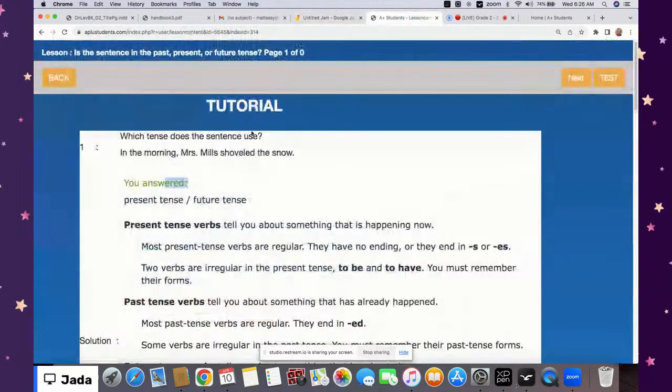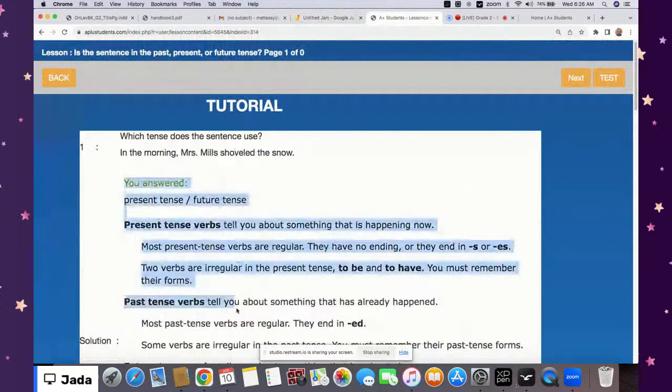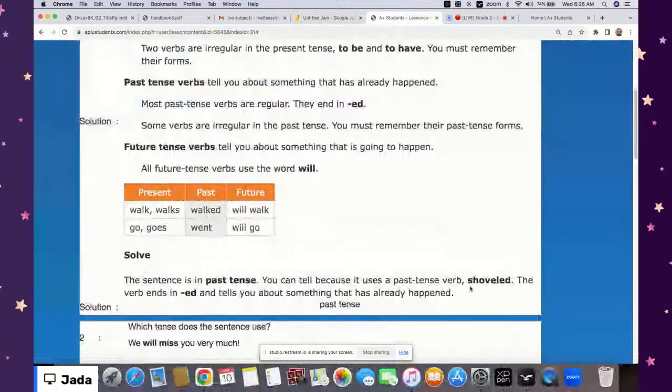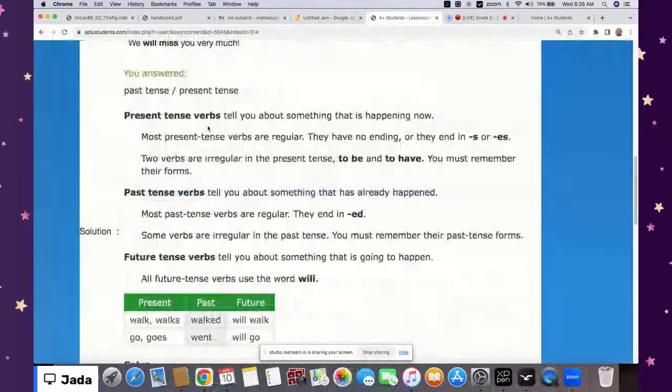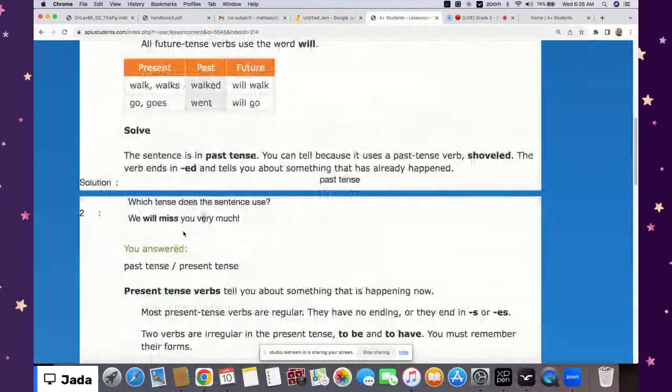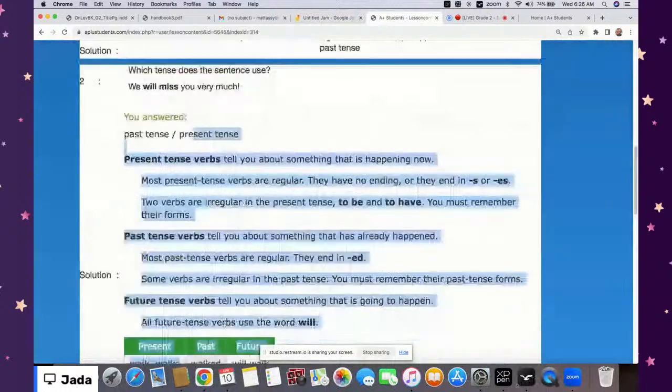So we have some examples here. Which tense does this sentence use? In the morning, Mrs. Mills shoveled the snow. So it has the -ed for shoveled, so it is past tense. Now, we will miss you very much. Will, which is future tense.